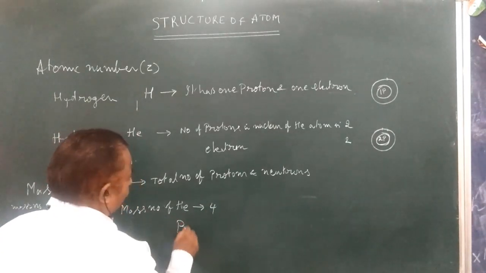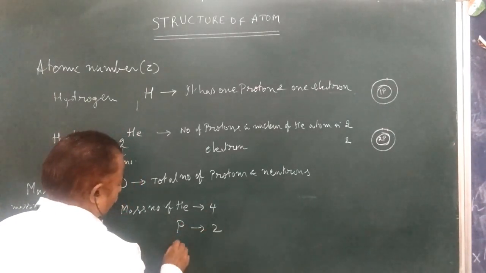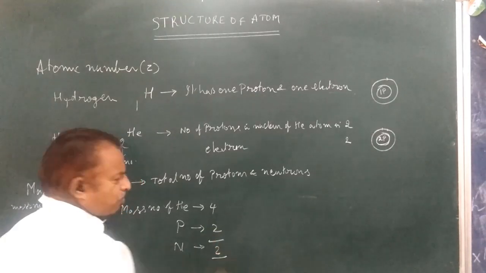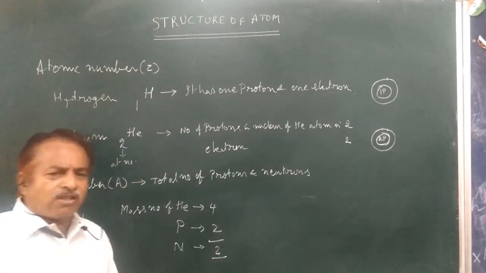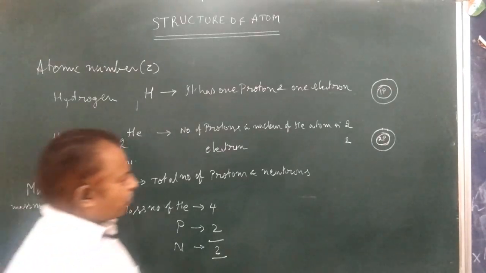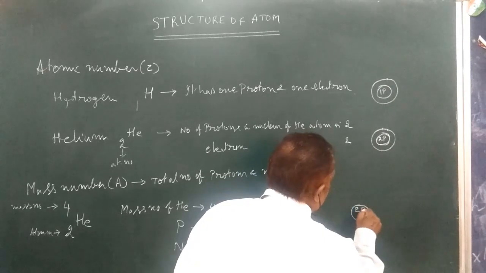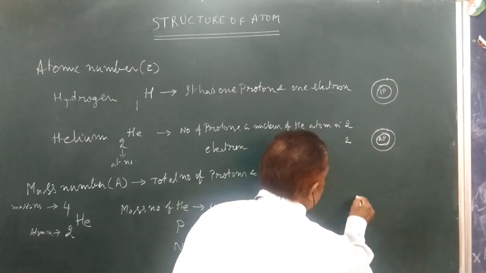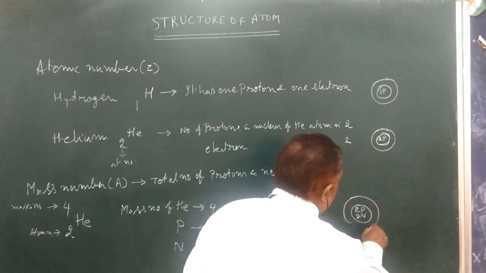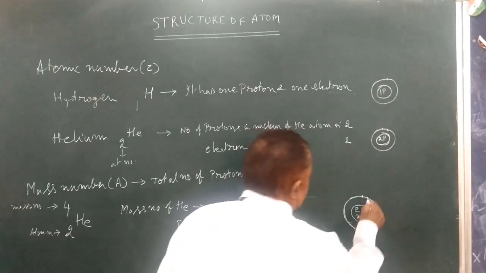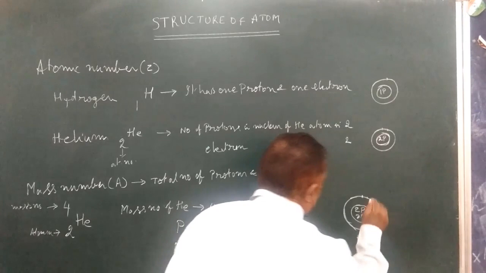In that, number of protons is 2. Therefore number of neutrons equal to 4 minus 2. So nucleus of helium atom has 2 neutrons. So it can be represented in this way: 2 protons, 2 neutrons, and around the nucleus there are 2 electrons. So this is a helium atom.